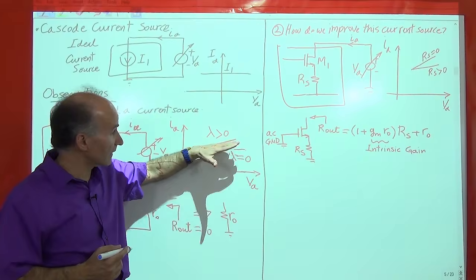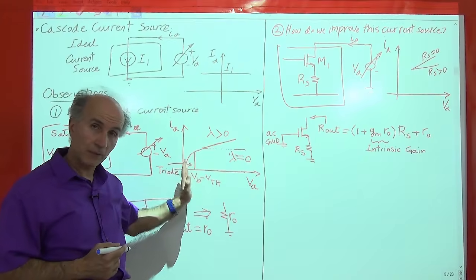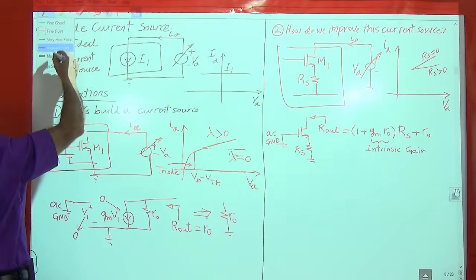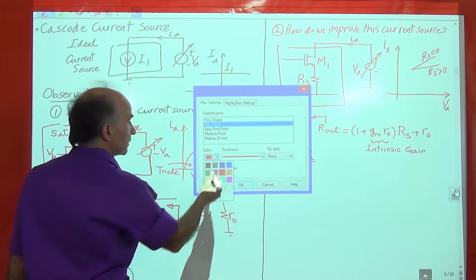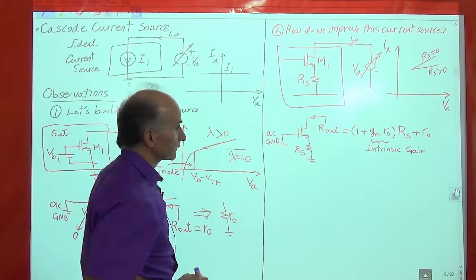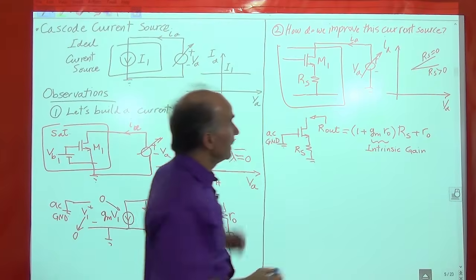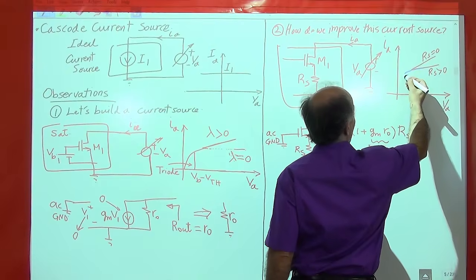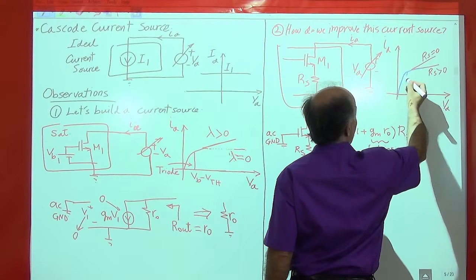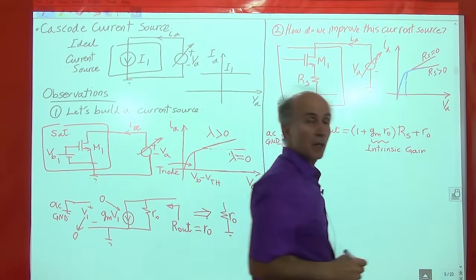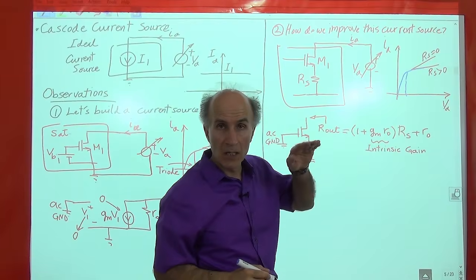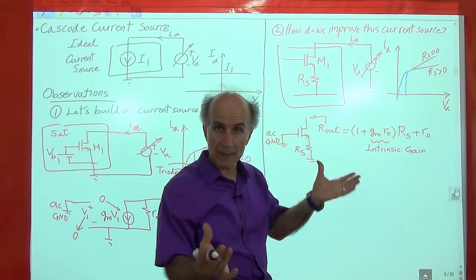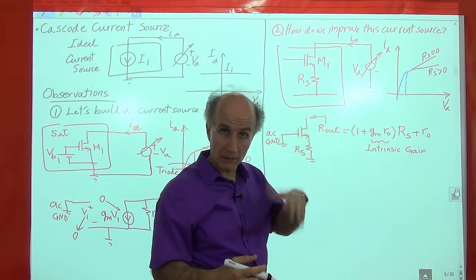We improved this limitation, but what happened to this limitation? All right, so let me change the color of my pen to maybe blue. Okay, so what I would like to do is understand, now that we have this RS, at what point will this collapse, right? What is this voltage here? How much voltage can I tolerate? What's the lowest voltage I can have at the drain before the current source collapses and its output impedance suddenly falls?